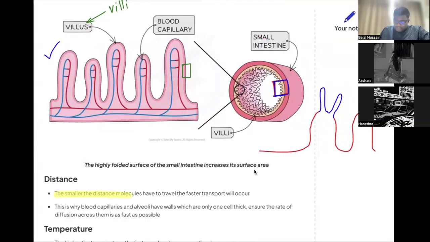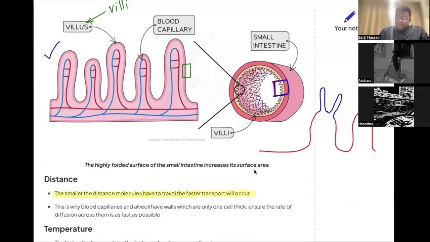The smaller the distance they have to travel, the faster the transport occurs. As you can see, the blood vessel is right next to the outer layer cell.